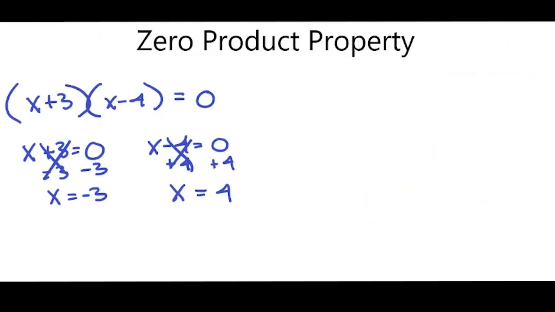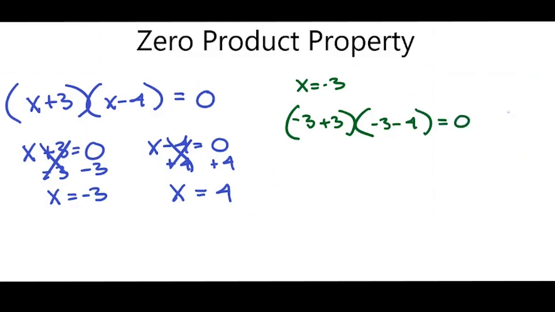So now I'm going to check those. Let's try x equals negative 3 first. So I have (negative 3 plus 3) times (negative 3 minus 4) equals 0. Well, negative 3 plus 3 is 0. Times negative 3 minus 4 is negative 7, equals 0. 0 times negative 7 is 0. So 0 equals 0.